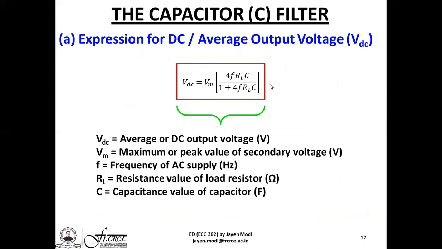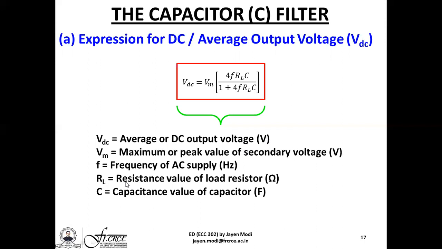Please keep in mind that this expression is completely different from a standard rectifier output voltage, because you now have the presence of a capacitor also. VDC is the average of the DC voltage given in volts. Vm is the maximum or peak value of the secondary voltage, also in volts. F is the frequency of the AC supply, which by default will be 50 Hertz.